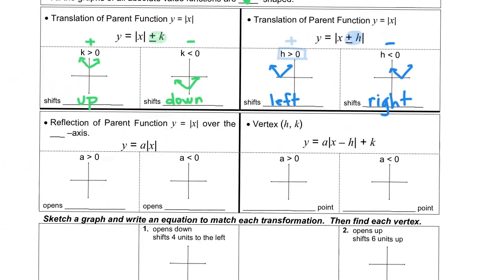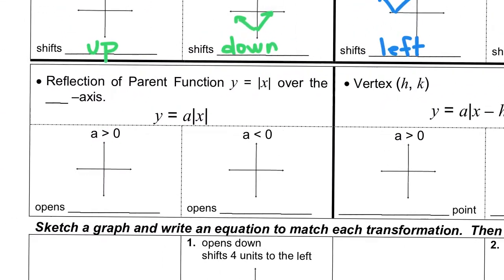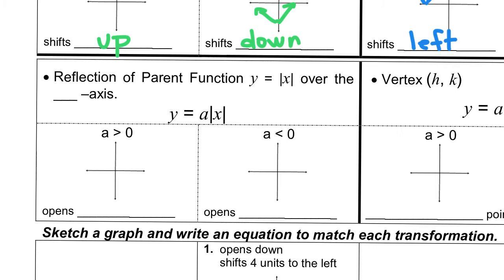Let's look at a reflection. A reflection of the parent function will reflect over the x-axis. For a is greater than 0, that's the coefficient in front of the absolute value symbol, that implies that a is positive. Well, that just means that it is right side up.